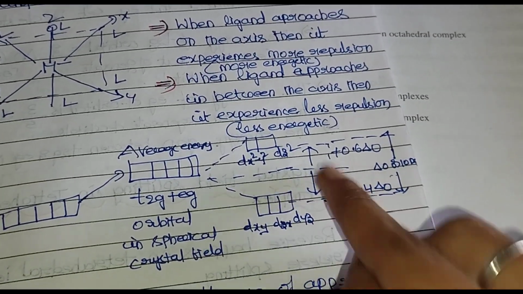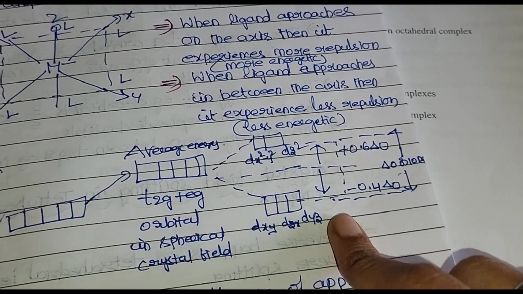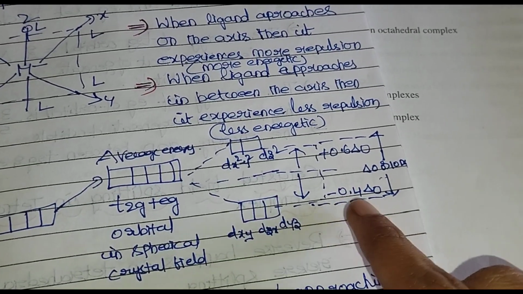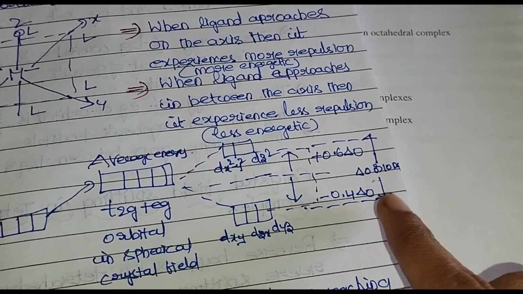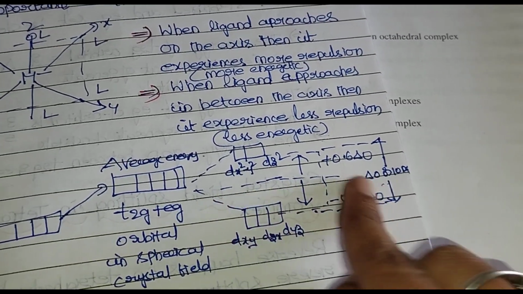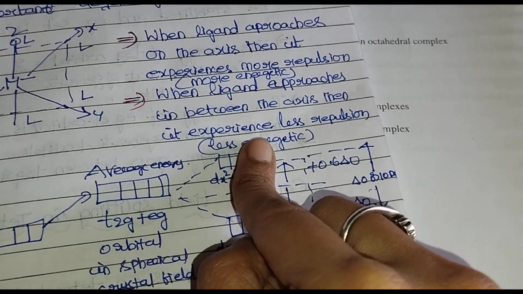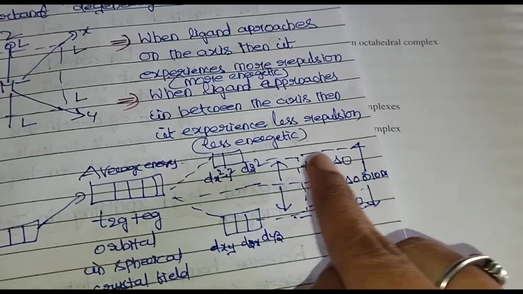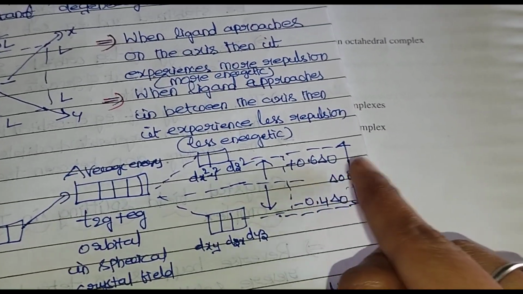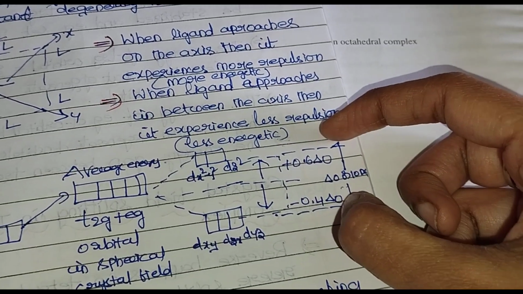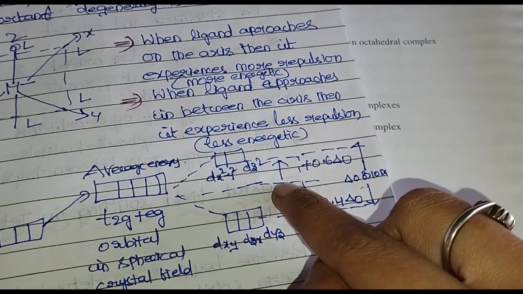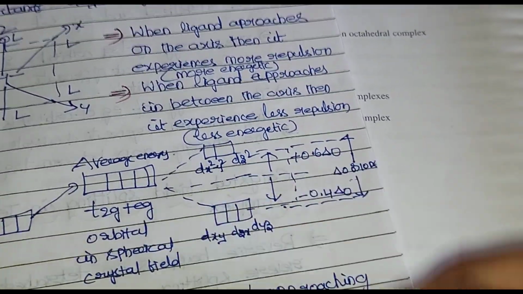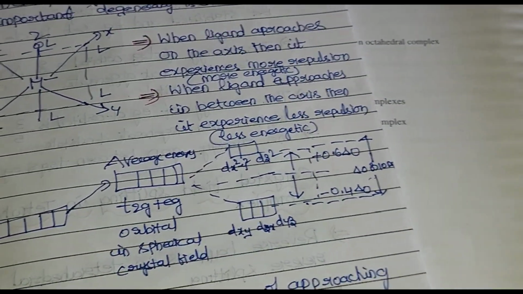Going to the less energetic level, it is minus 0.4 delta 0, whereas going to the higher energy, more energetic level, it will be plus 0.6 delta 0. Together it is 10 Dq. So in the middle, where there is no splitting, it is 0, with plus 0.6 and minus 0.4 delta 0.